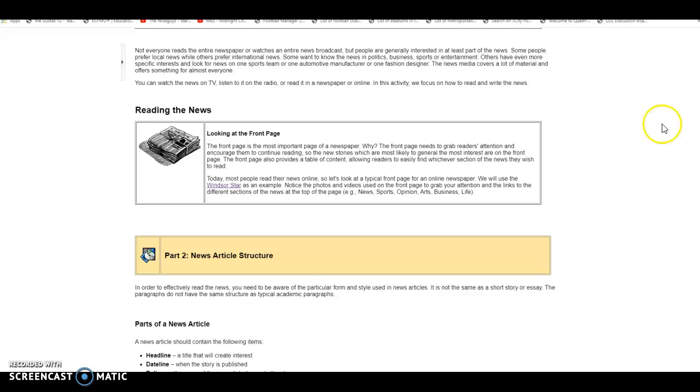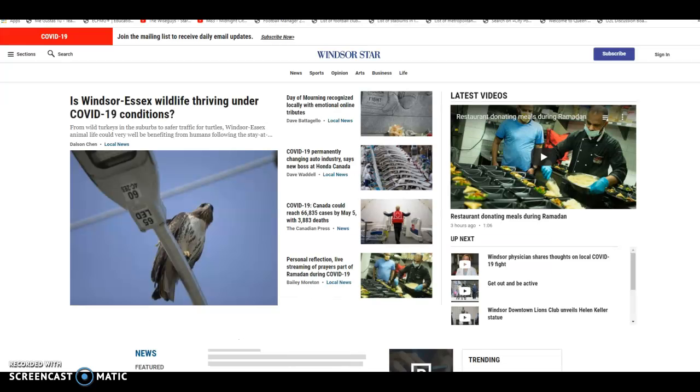We'll take a look at that by looking at the example of the Windsor Star. You can click on the Windsor Star here, and we'll look at an example of how a news organization presents itself. You'll see that the Windsor Star website divides up their news into what they call general news, sports, opinion, arts, business, and life.